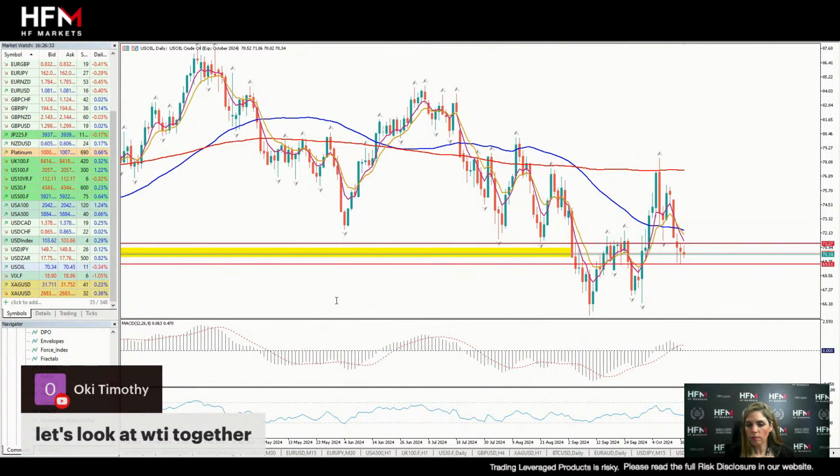But the concerns over oversupply of crude in the market, with the demand getting lower, is something that is bearish for oil. So fundamentals for the time being suggest that oil will get weaker.